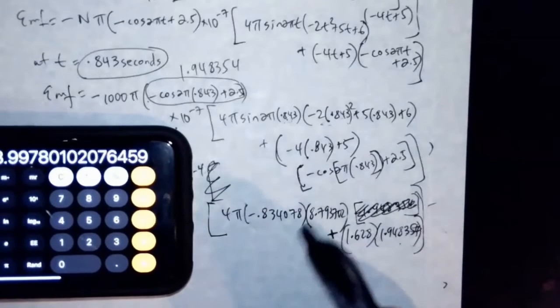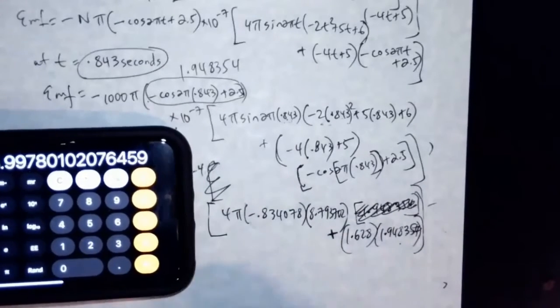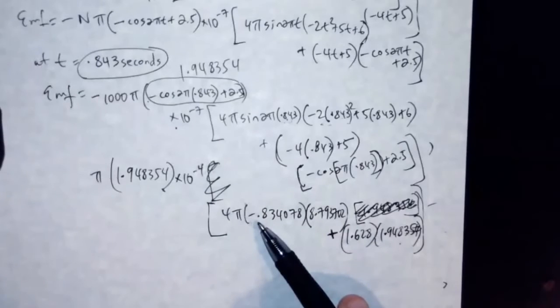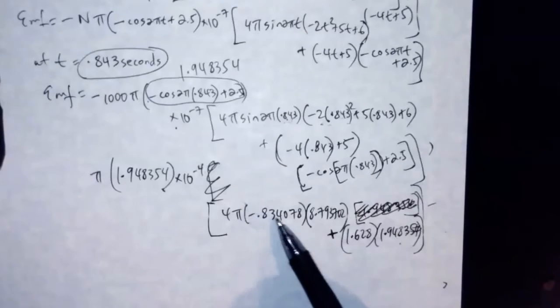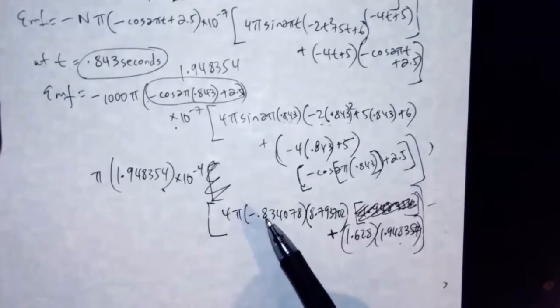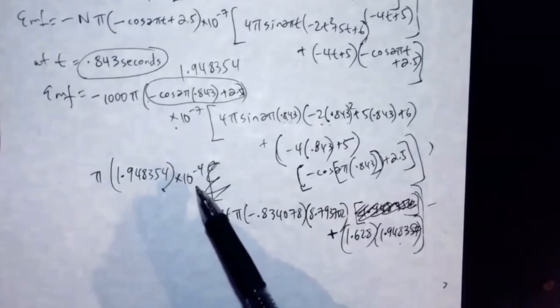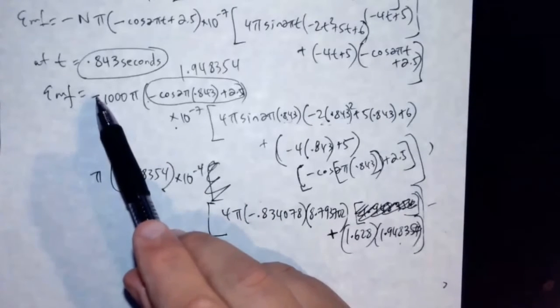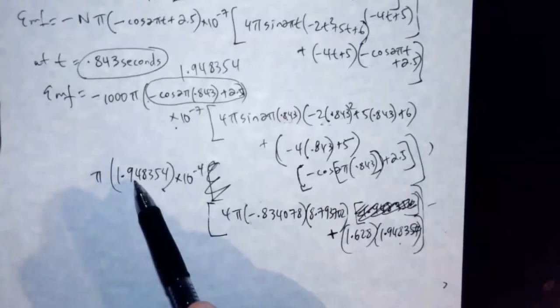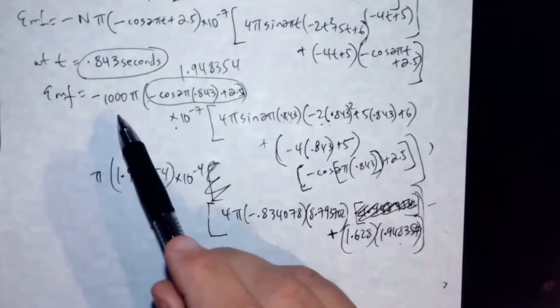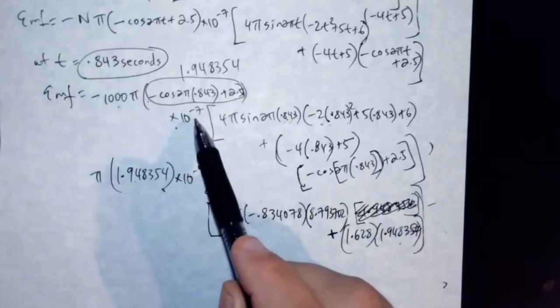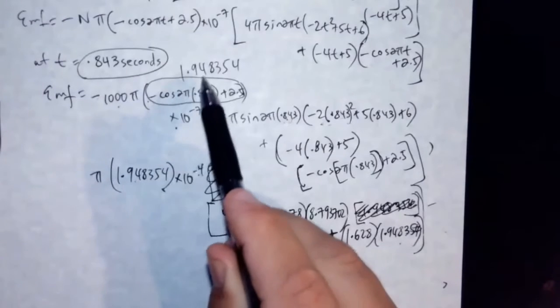Okay, so there were a lot more negatives than positives, so the negatives dominated. So I want to make sure that I keep track of the negatives. Then what happened to this negative out there? Did I just forget it? This 1,000 made this 10 to the minus 4. This one was positive.